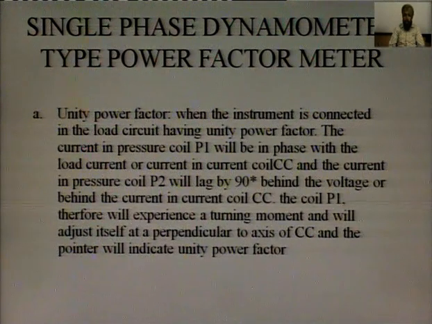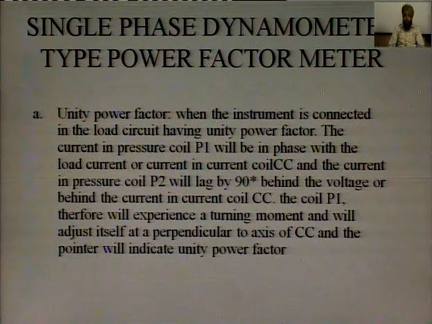At unity power factor, when the instrument is connected in a load circuit having unity power factor, the current in the pressure coil P1 will be in phase with the load current or current coil CC, and the current in the pressure coil P2 will lag by 90 degrees behind the voltage or behind the current in the current coil CC.